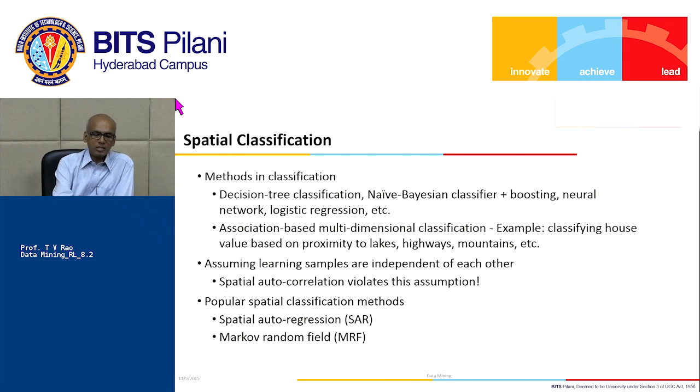In general, we assume that the samples are independent of each other. But the spatial autocorrelation means that we will not be able to guarantee that they are independent unless we take extra caution with respect to how we create the samples. So essentially, we are constrained with respect to what type of samples we need to use so that we can give the machine the maximum level of information to learn.